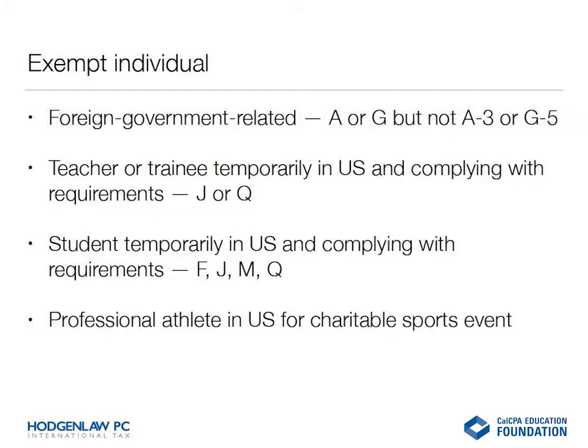Teachers or trainees temporarily in the U.S. and complying with the visa requirements on A or Q visas. Students temporarily in the U.S. and complying with the visa requirements under F, J, M, or Q visas, and professional athletes who are in the U.S. for a charitable sports event. So those people, you would actually not include the days in the U.S.